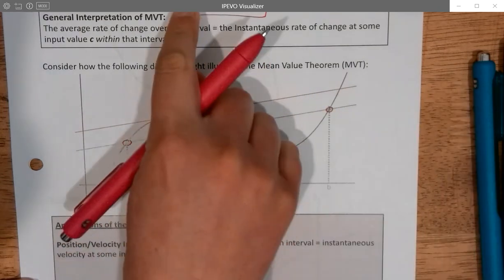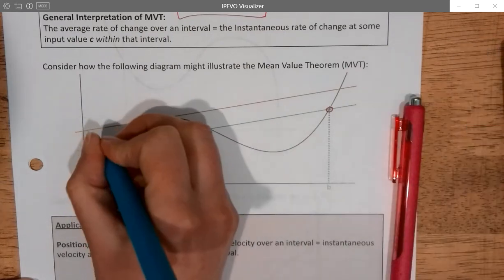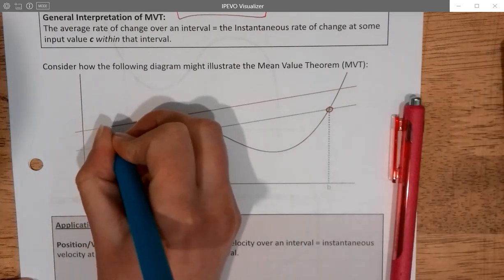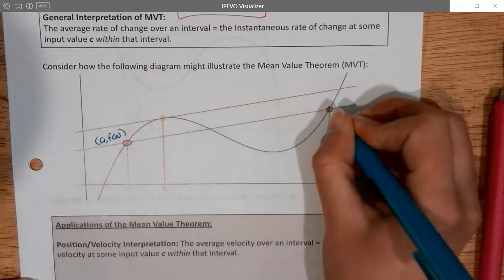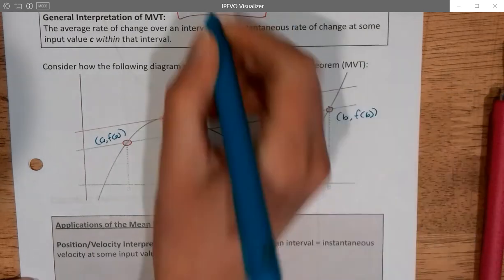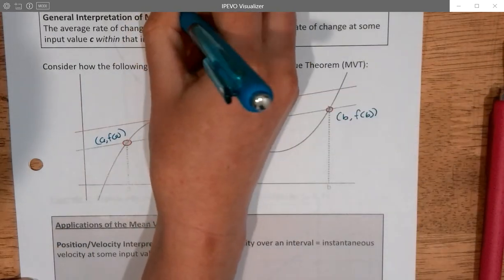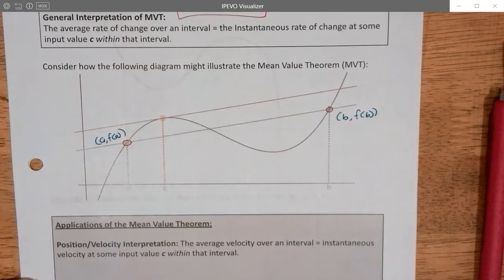This ordered pair here is the ordered pair A comma f of A, and this ordered pair here is the ordered pair B comma f of B, and that's just the slope, right? y2 minus y1 over x2 minus x1, that's just the slope.